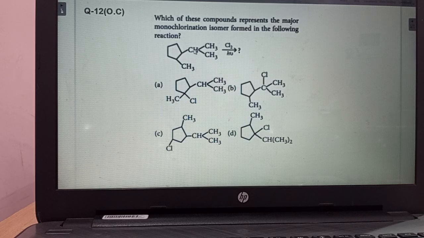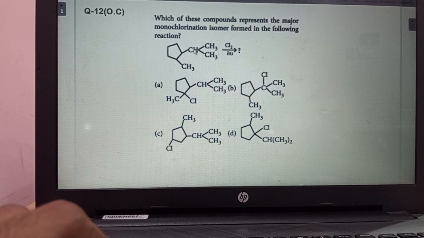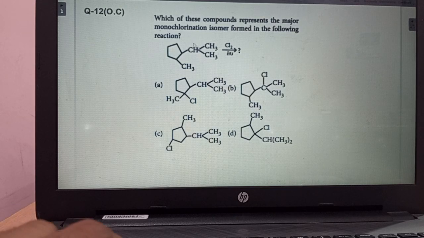On seeing this, one point is very clear: whenever they give it like this, monochlorination is possible, and we will check in what way in the equation part. If you observe carefully, in the second option we have that carbon, which is a tertiary butyl free radical.